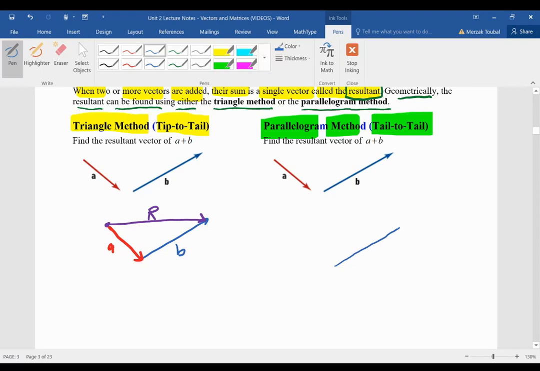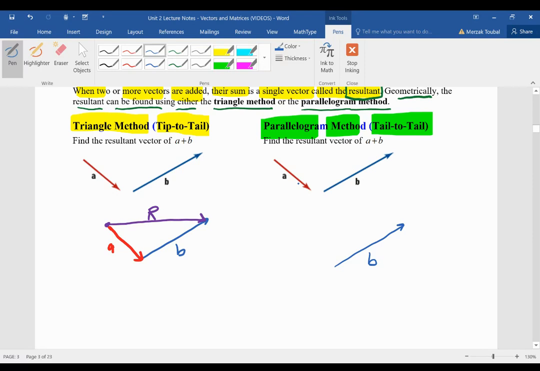This is vector B. And then what the method says is, connect the tail of one of the vectors to the tail of the other vector. So it's up to us what we want to do.